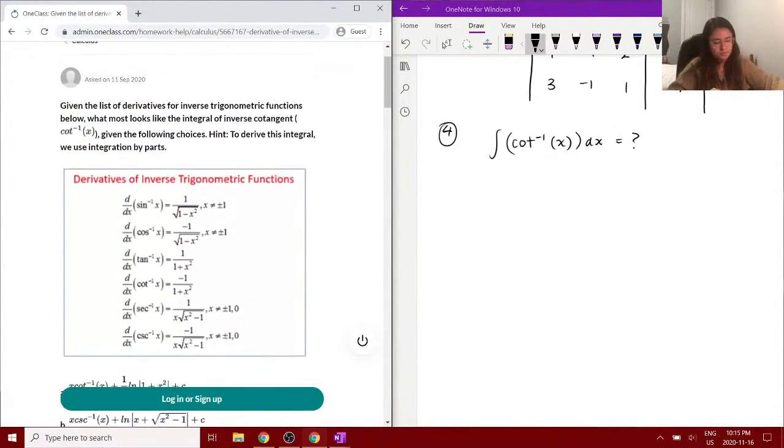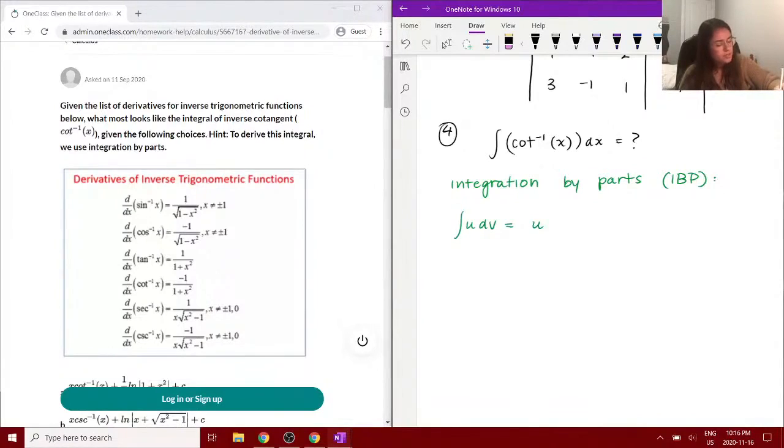Okay, so what we're going to do to work on this integration is we're going to use IBP, or integration by parts, or as I said, IBP sometimes it's called. And that tells you that if you have the integral of u dv, you can rewrite it as u times v minus the integral of v du.